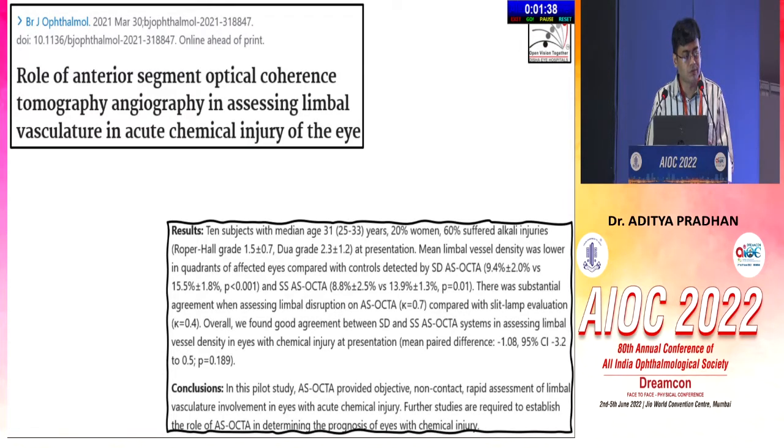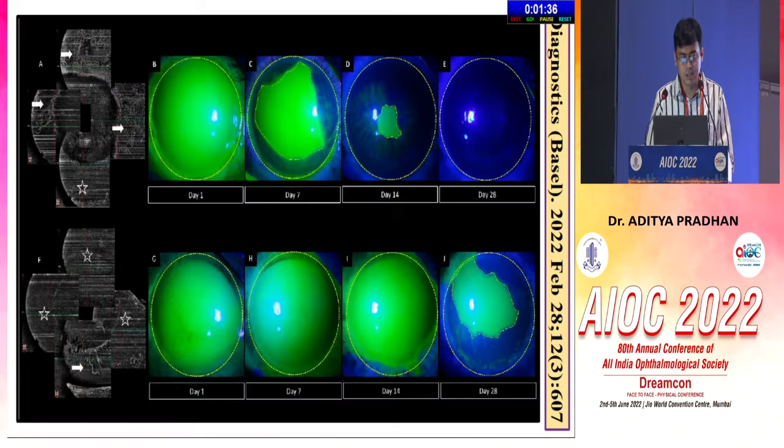However, we don't have very great indices to assess this. To that extent, Dr. Dua's group has come out with this article providing a review of the role of OCTA. You see two different images on the top panel and the bottom panel. On the left is the OCTA image of the 4 quadrants of the limbus. The patient presented on day 1 with a total epithelial defect on the cornea.